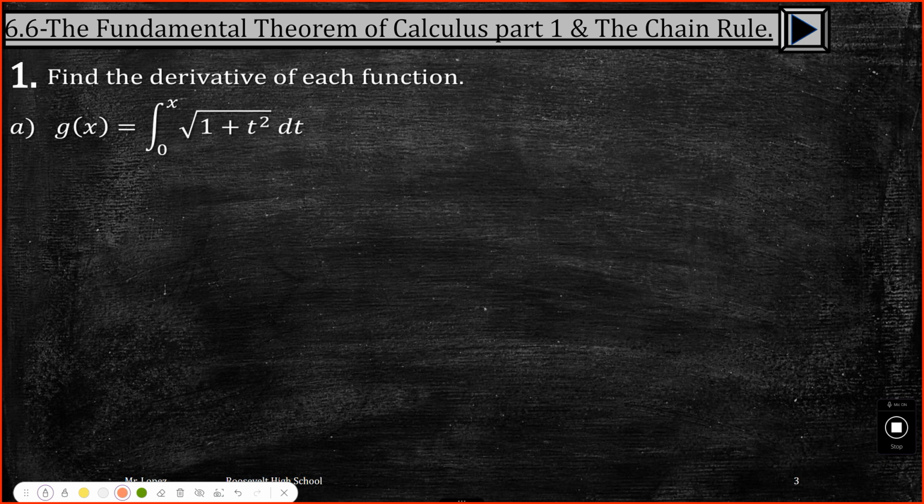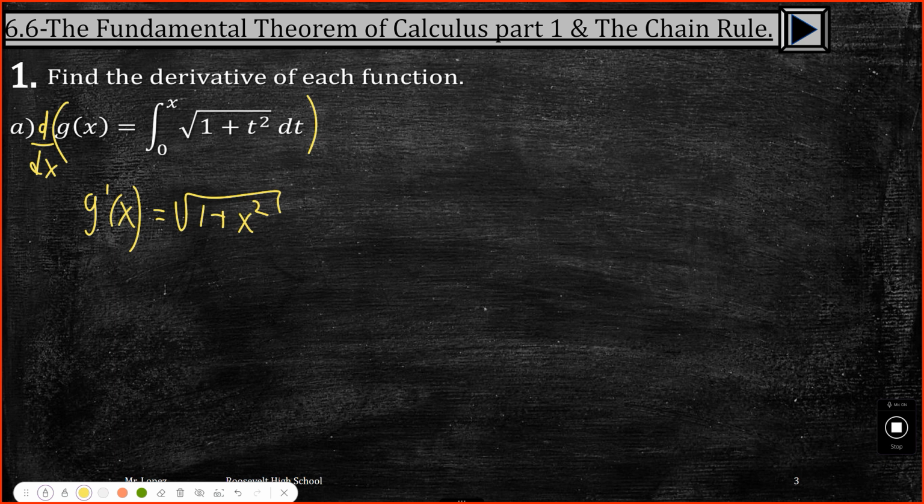We're gonna take the derivative of this. d/dx of this thing. And so here we're gonna get g prime of x. What are we gonna get on the right side? Square root of 1 plus x squared.